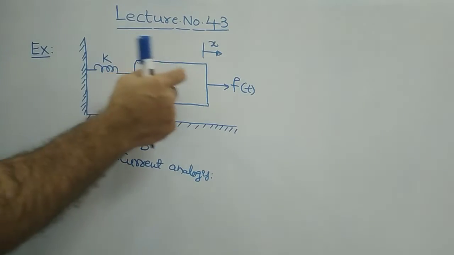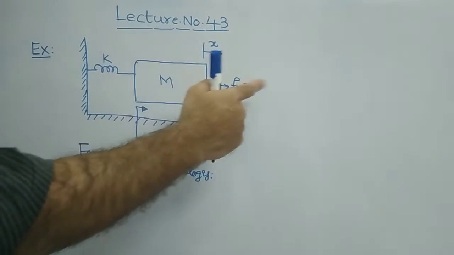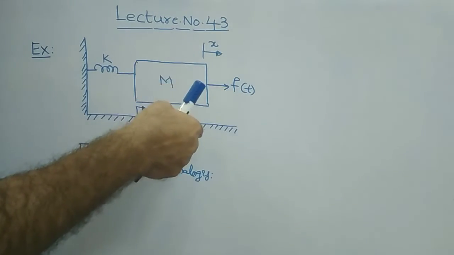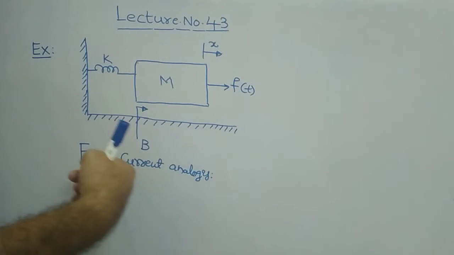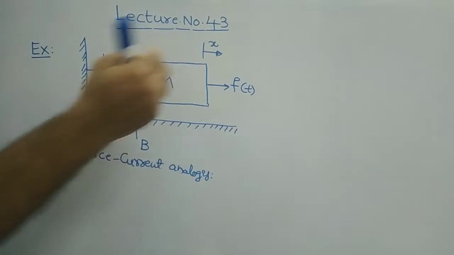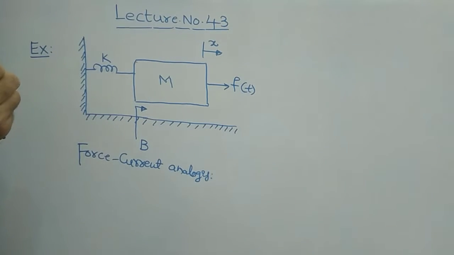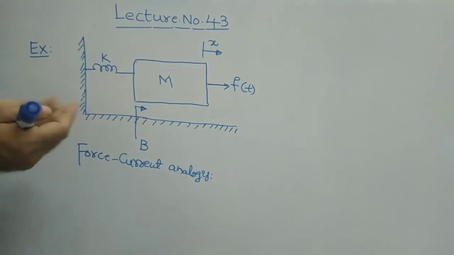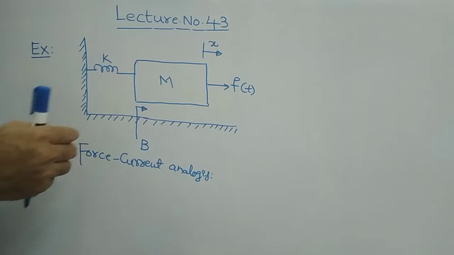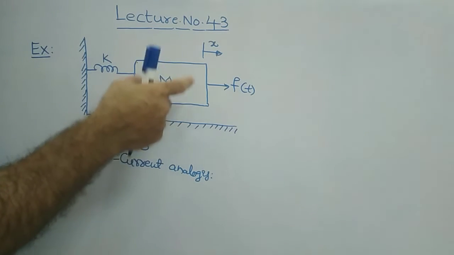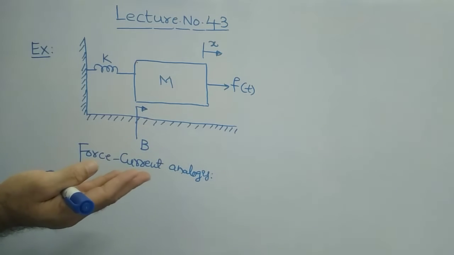If you have two blocks in the given problem, then you will have two differential equations. If you have three blocks, then you will have three differential equations. Clear? As I explained in the previous presentation, the number of blocks represents the number of differential equations.